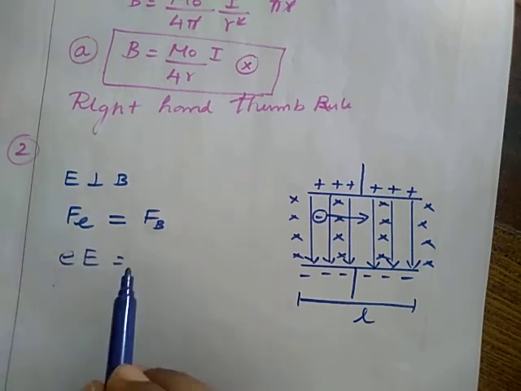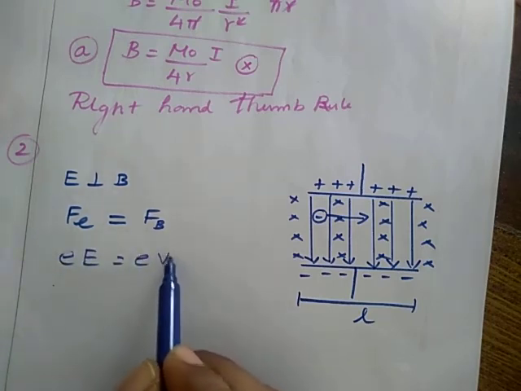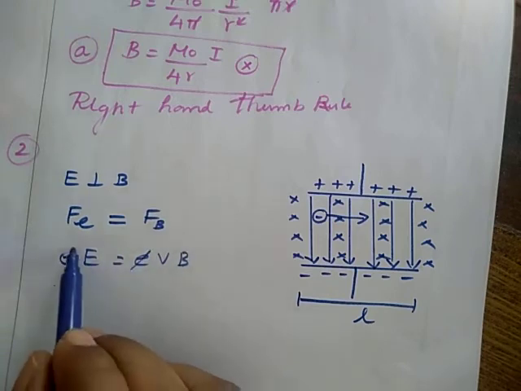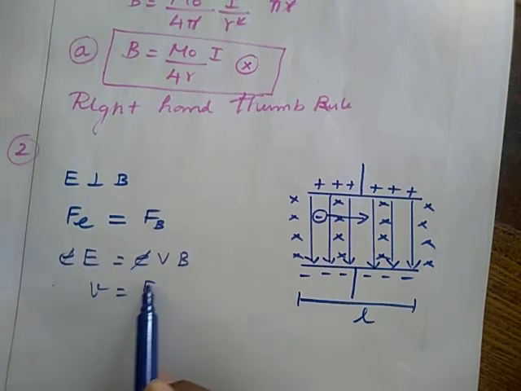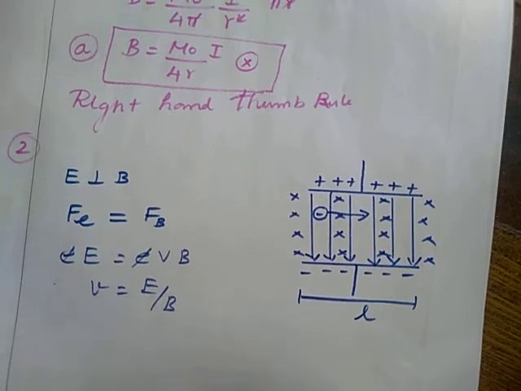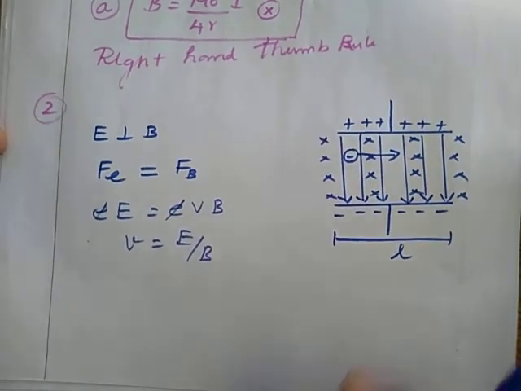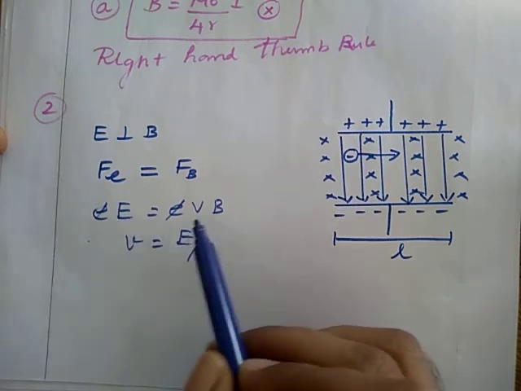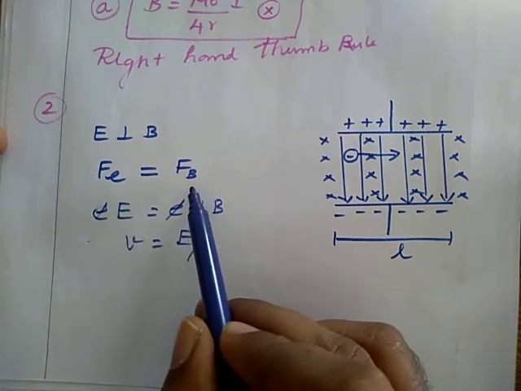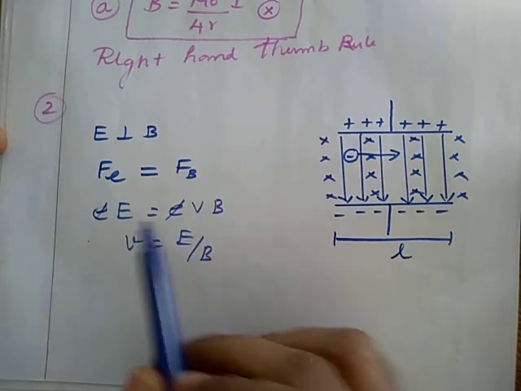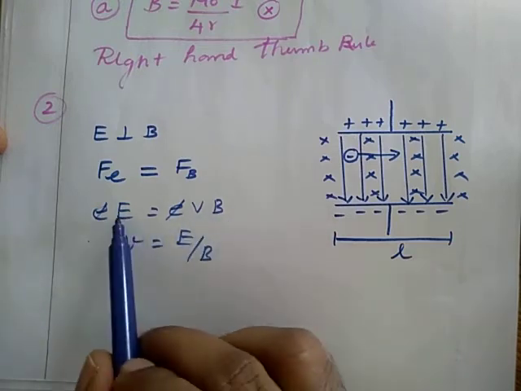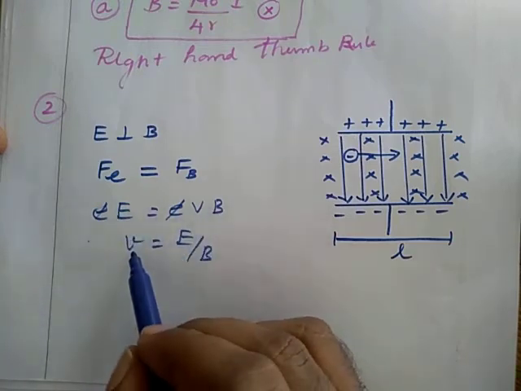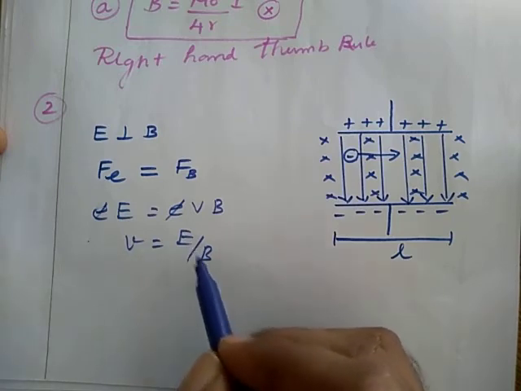The magnetic force can be written as evB. After solving this, we get v is equal to E by B. The electron experiences a force due to the electric field and a force due to the magnetic field, and these two forces are equal, so it attains the velocity v is equal to E by B.